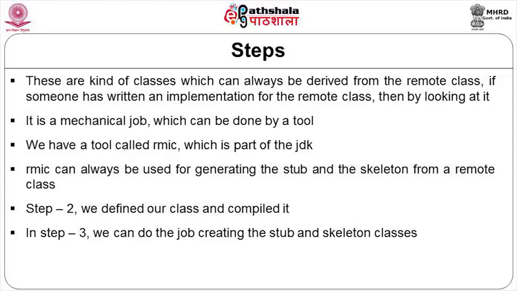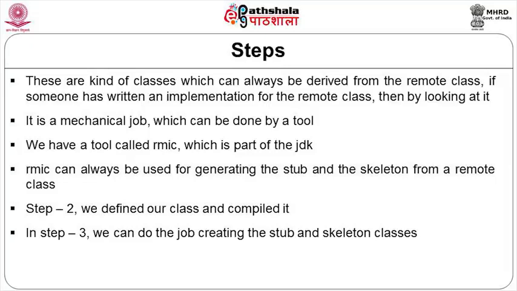So in step 2 we defined our class, we have our class file available, it's been compiled, and then in step 3, we can do this job of creating the stub and the skeleton classes.